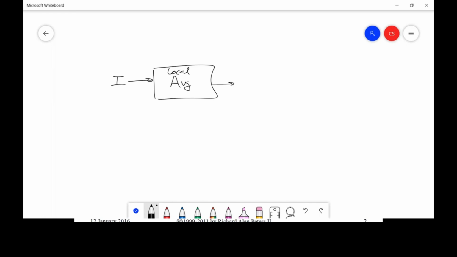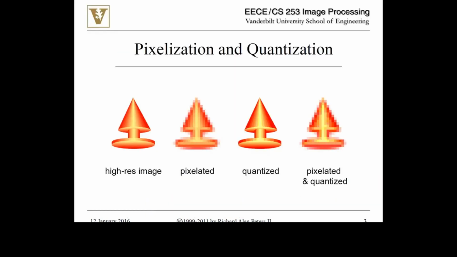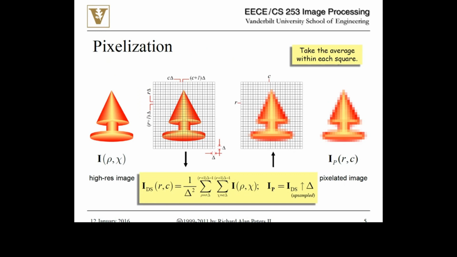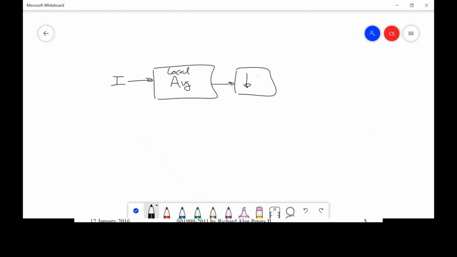Then we will do a downsampling by a factor, let's say delta. Delta takes values like 2, 3, integer numbers. And then we do an upsampling by the same factor. And then this is our range.